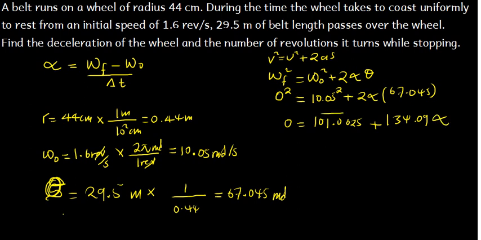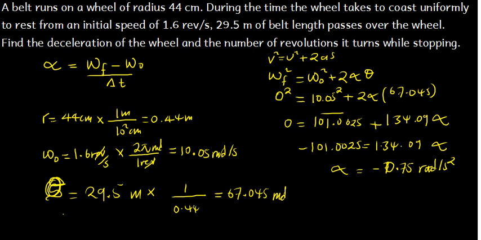I'm going to take this term to the other side, so it becomes negative 101.0025 is equal to 134.09 alpha. To remain with alpha, we'll just divide the negative 101.0025 by what we have there, and that is negative 0.75. I converted them to radians per second, so this is radians per second squared.